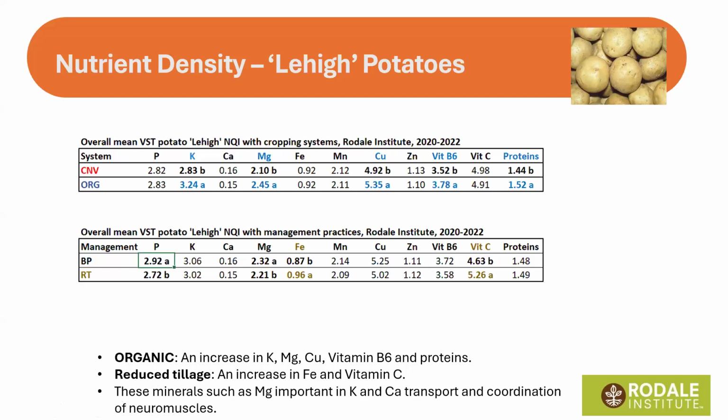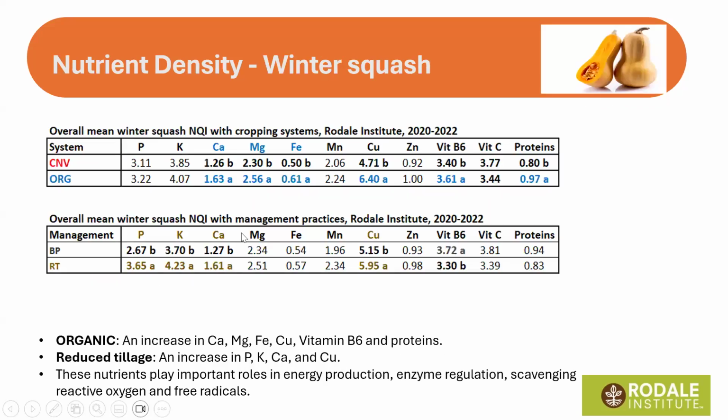And if I look again here at calcium, potato is not a source of calcium, unlike the winter squash, where if we look back here, you could see that in this system, that winter squash was meeting the needs of the daily intake of calcium.